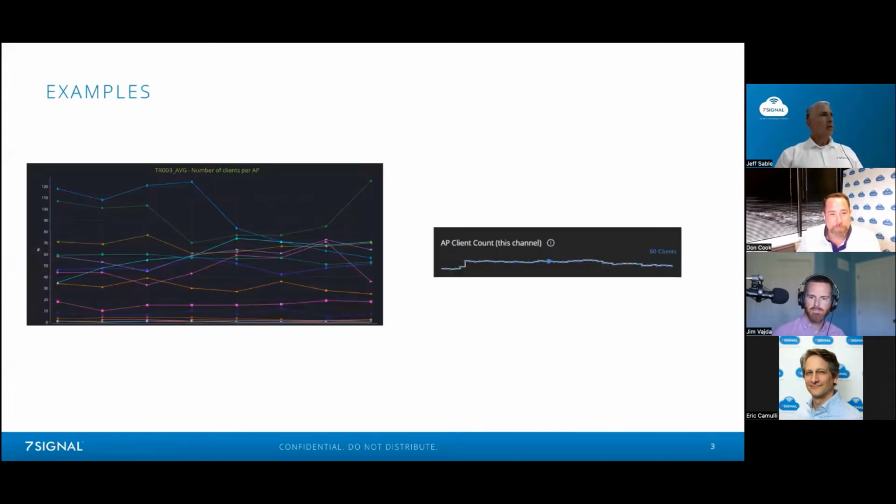So thinking about this from a quantified perspective, the screenshot on the left actually reminds me of a few of our clients. For those of you who don't know, we've got clients who run arenas, airports, colleges and universities. If you look at the number of clients connected to the APs, the top portion of the left-hand side, up to about 120, maybe a little bit more than 120, you can think about that as the common areas where the masses of people are located.